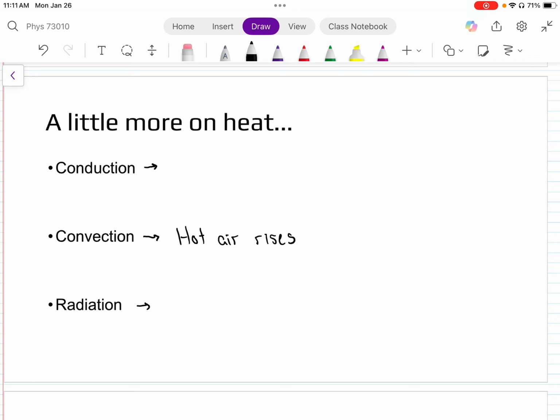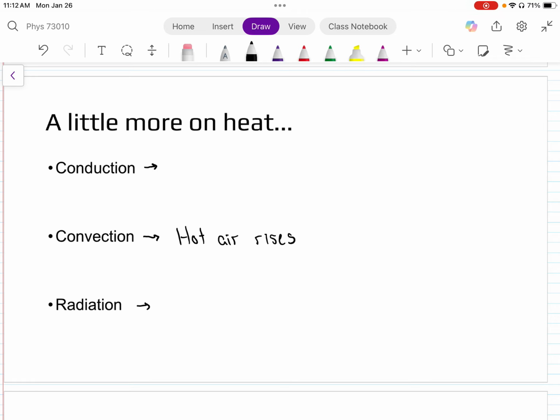Convection is how heat moves around because the actual material moves around. Hot air rises. In a convection oven, they put a fan on so that the fan will blow the hot air around. But convection is like the fluid, the air, or if it's a liquid, how the hot stuff rises to the top.